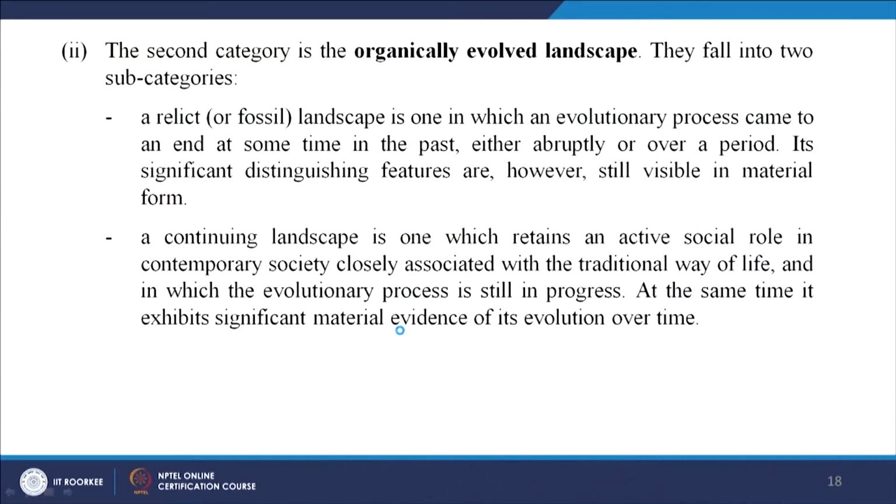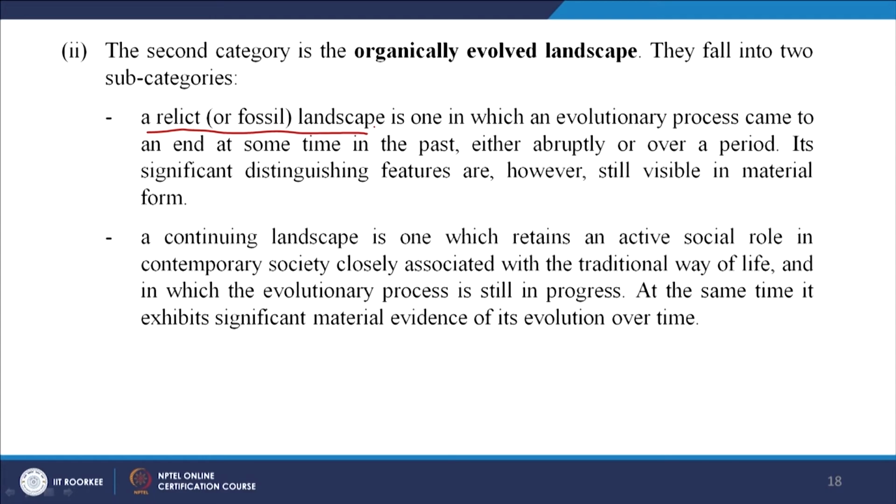The second category is the organically evolved landscape. This again is subdivided into 2 categories. One is a relict or fossil landscape, which shows an evolutionary process that came to an end at some time in the past, either abruptly or over a period.